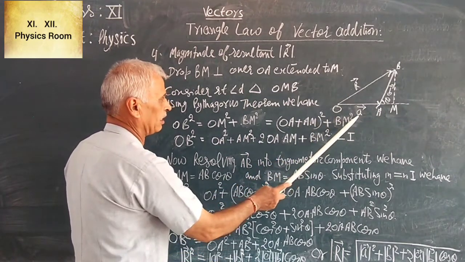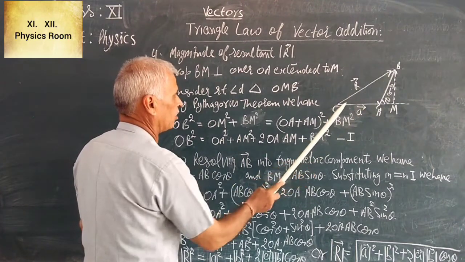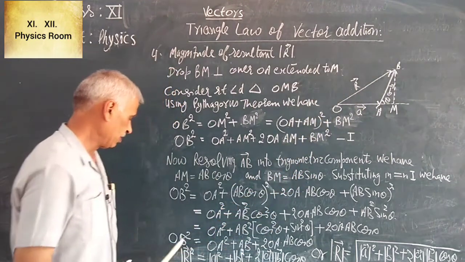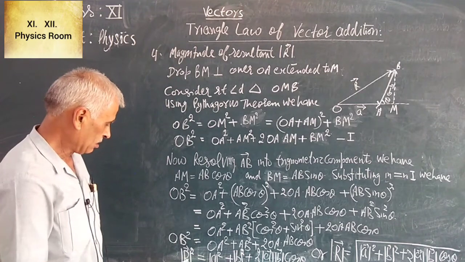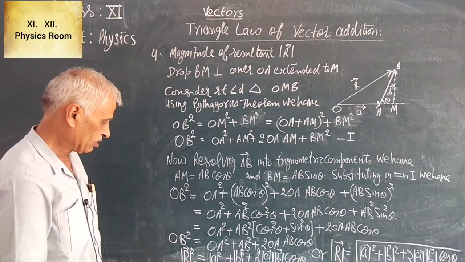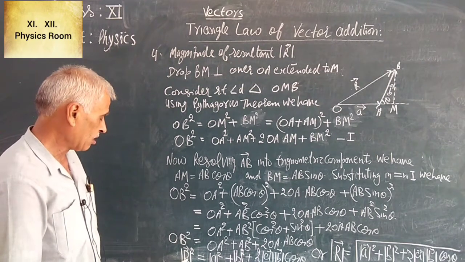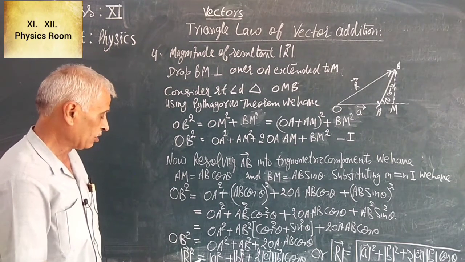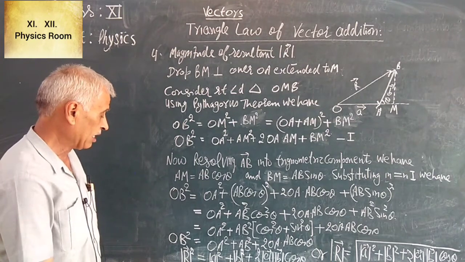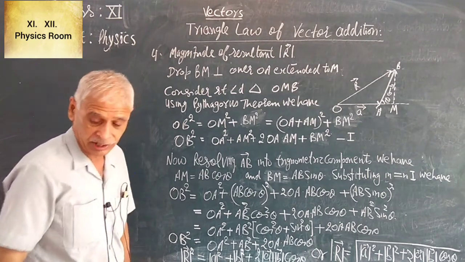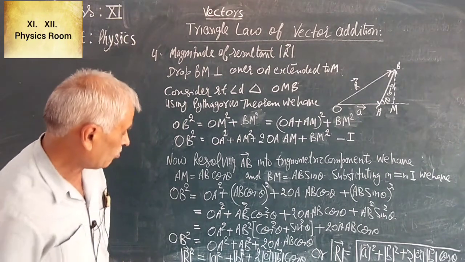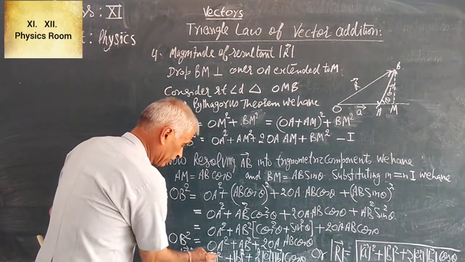OA is vector A, AB is vector B, and OB is vector R. We replace them by their original substitutes. So mod R square is equal to mod A square plus mod B square plus 2 mod A mod B cos theta.